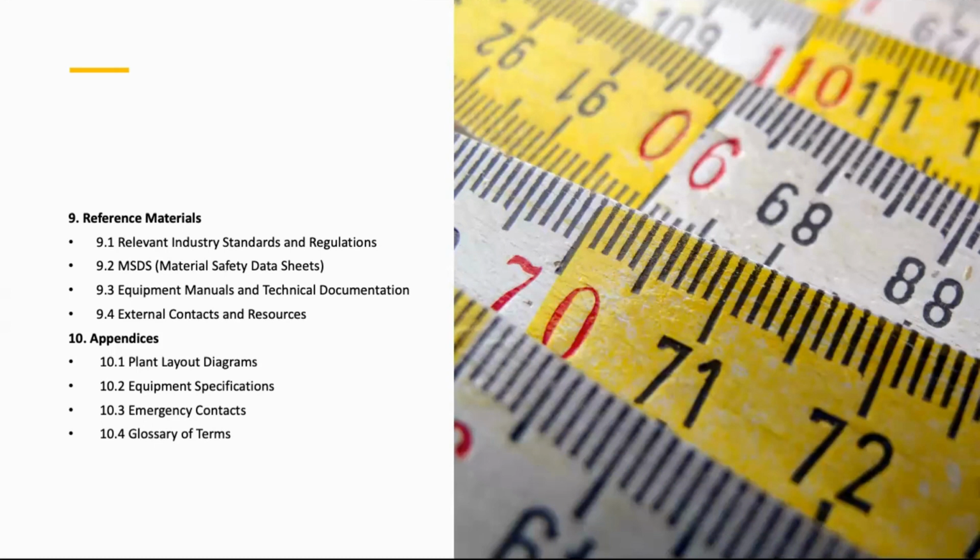In 9.3, you must provide equipment manuals and technical documentation. Equipment manuals means that if some machines are being used to process chemicals, then every machine should have its own manual on how it operates.